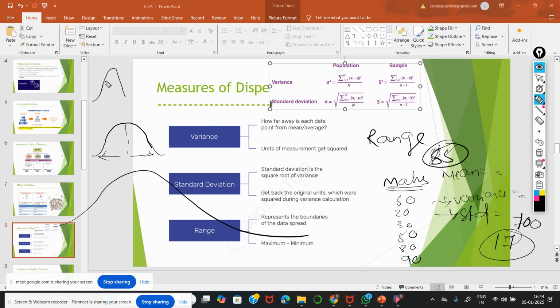Maybe your graph would come up like this, around the mean.